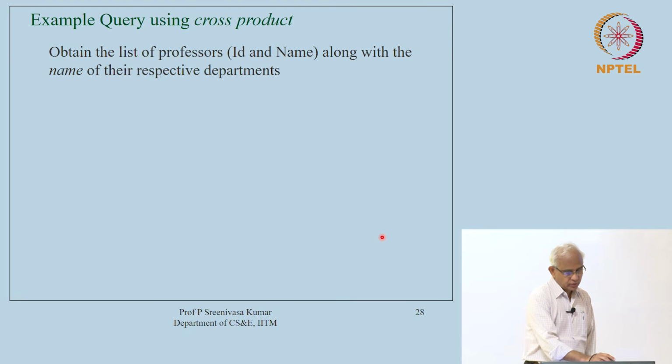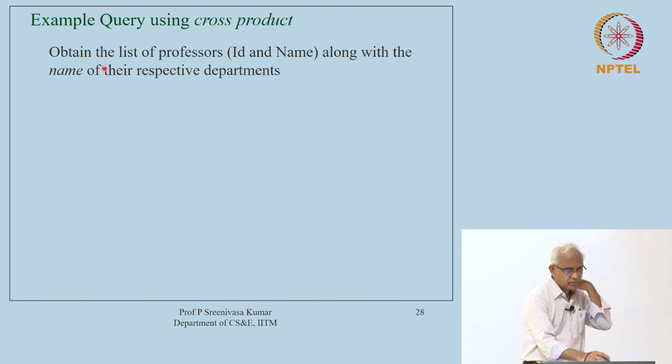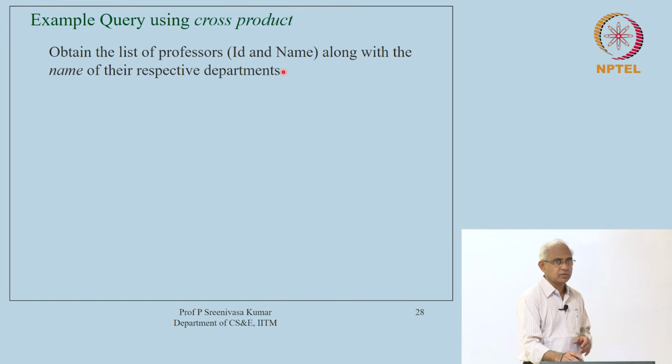Obtain the list of professors' ID and name along with the name of their respective departments. Here is the data retrieval query. Obtain the list of professors' ID and name of the professor along with the name of their respective departments.